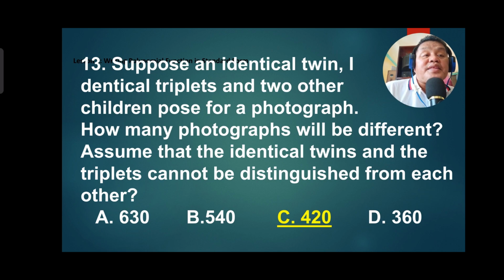Suppose identical twins, identical triplets, and 2 other children pose for a photograph. How many photographs will be different? Assume that the identical twins and the triplets cannot be distinguished from each other. So the possible answer here is 420.